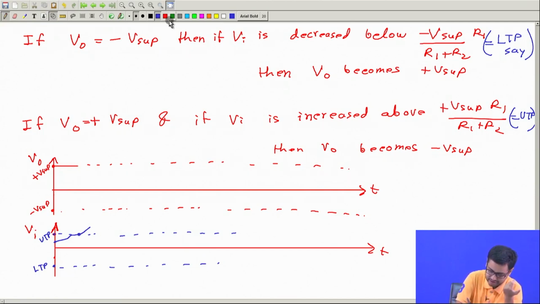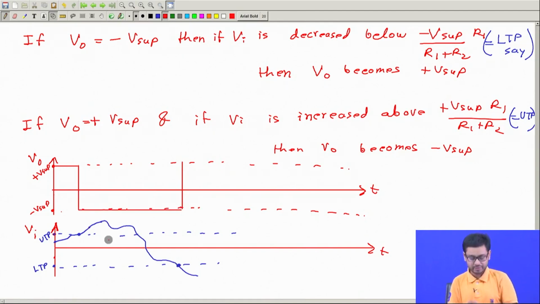It will stay negative as long as you keep it above LTP. But if you bring the input below this value, at this point output will become positive again. So this is how it works.